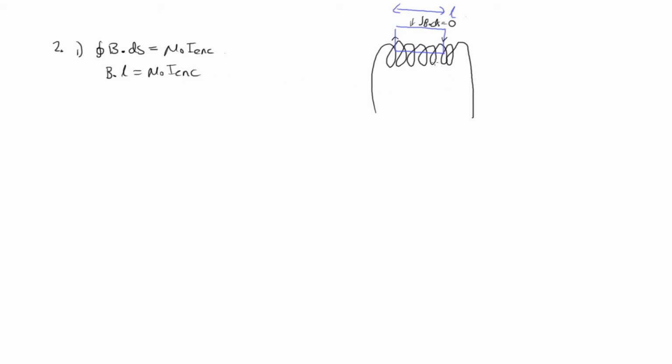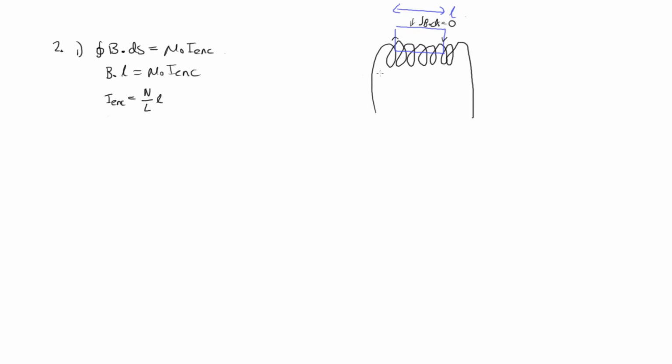So what we now need to work out is how much I is enclosed, that is, how many turns of wire are inside here. One way to do that is to take the linear density of the turns of wire, so that's N over L. This gives us the total number of turns per meter, and then we times it by little l.